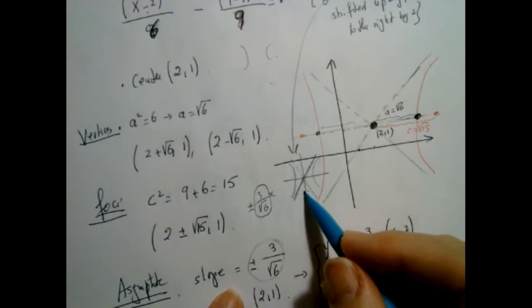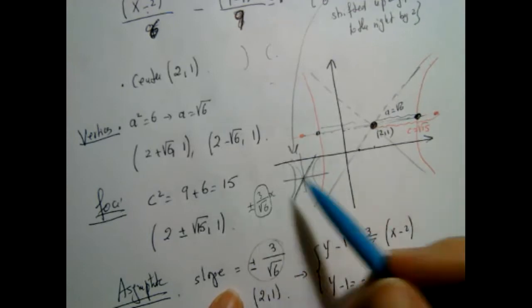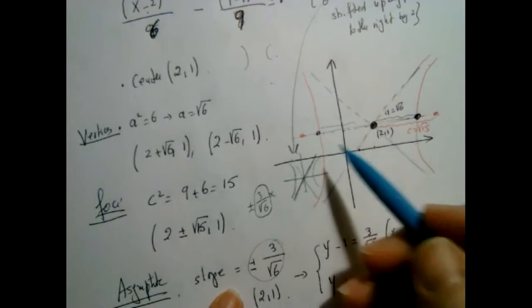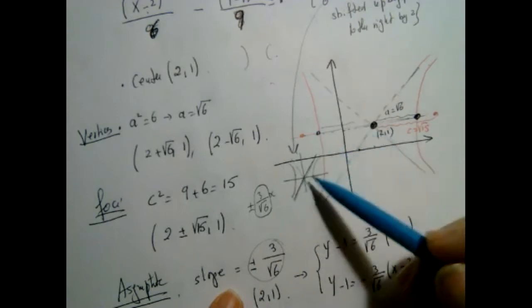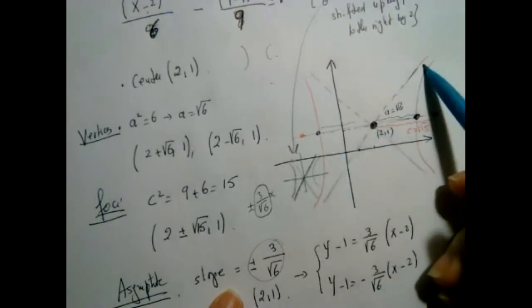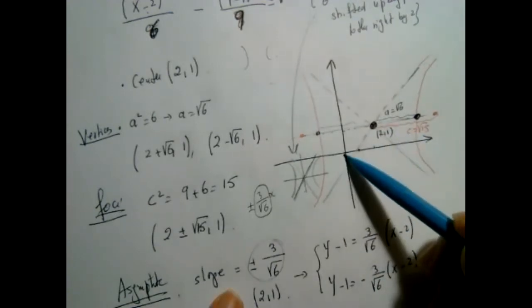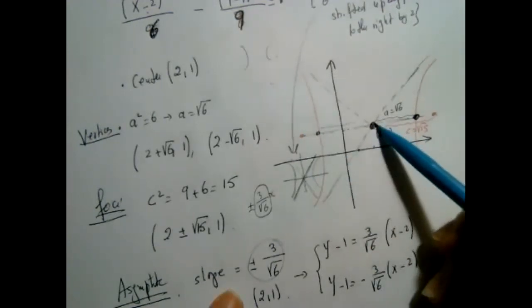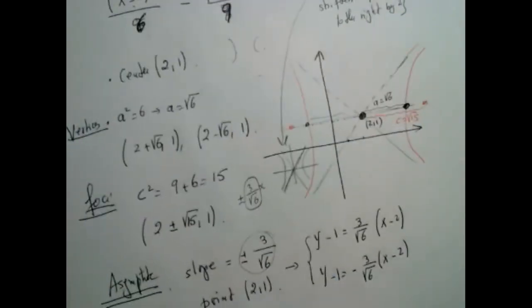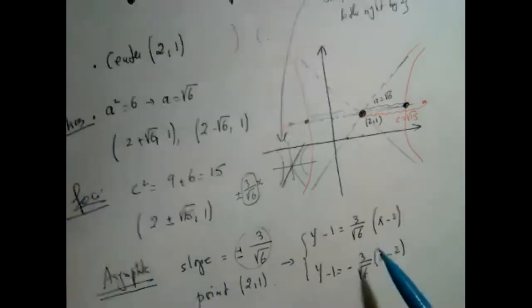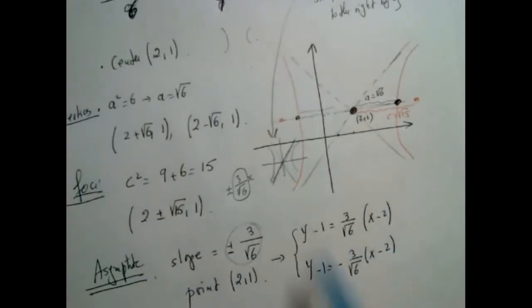That's the slope for the non-shifted one. But now when you shift them, what will happen? The slope remains the same because those lines are parallel to each other, but it's the point that's being changed. They don't go through the origin anymore. They have to go through this point. So that will become the point on the asymptote. So that's the slope of the asymptote, and that's the point. And then here I just use the point-slope form of a line to get the equation.